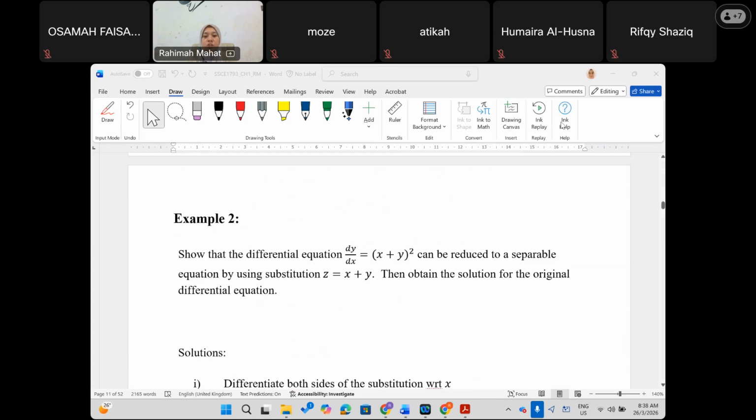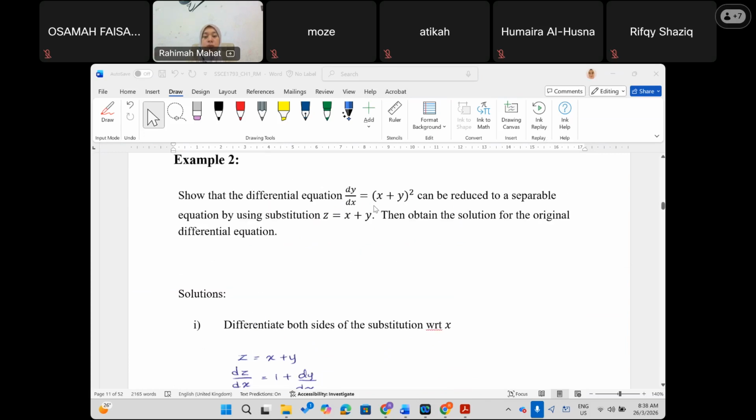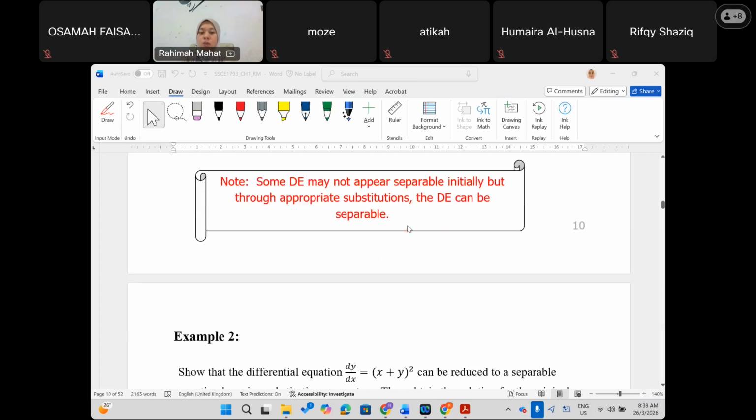Show that the differential equation dy/dx equal to (x plus y) squared can be reduced to a separable equation by using the substitution z is equal to x plus y. Then obtain the solution of the original DE. So from the equation here, we can see that this one does not appear separable initially.